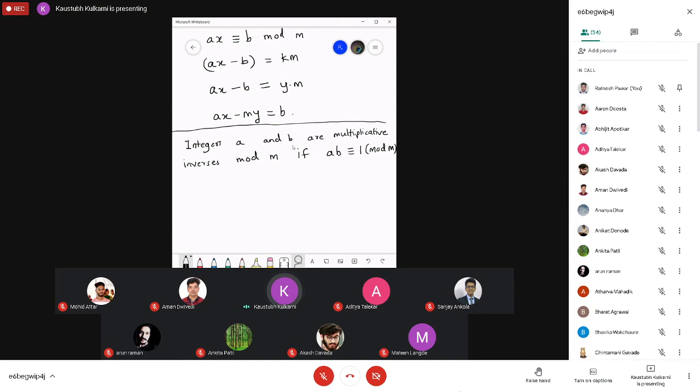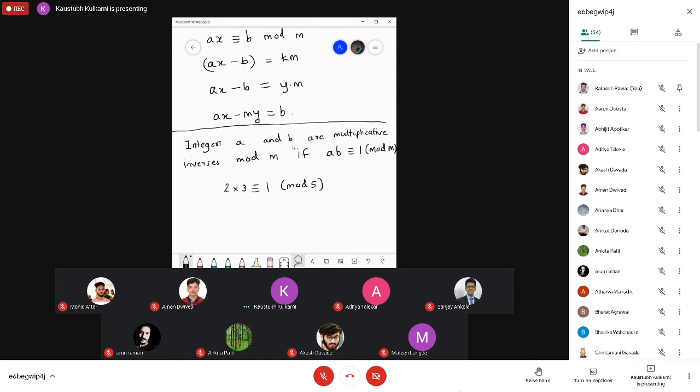Okay, so for example, let's say my mod is 5. Okay, so I can say that 2 into 3, which is 6, is congruent to 1 mod 5. Therefore 2 and 3 are inverses mod 5.